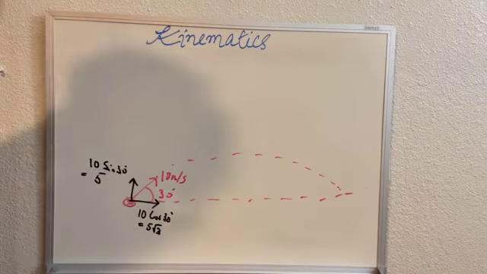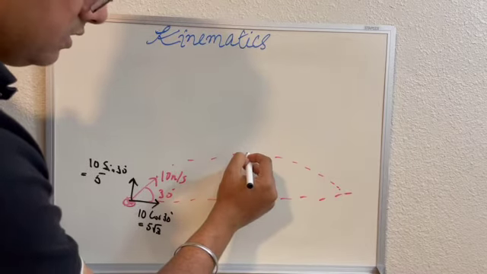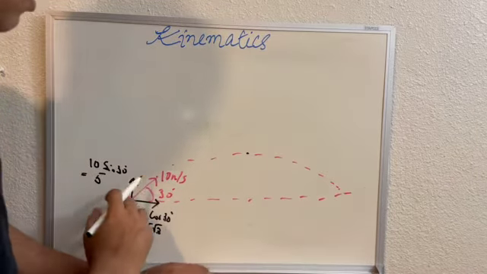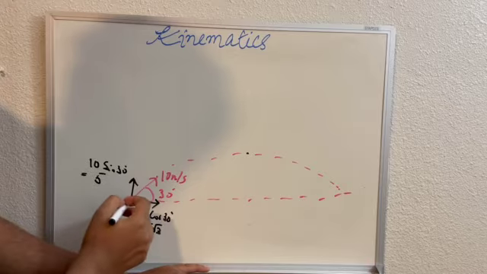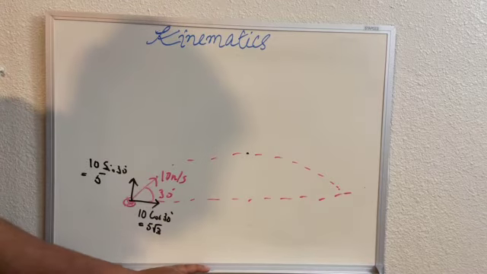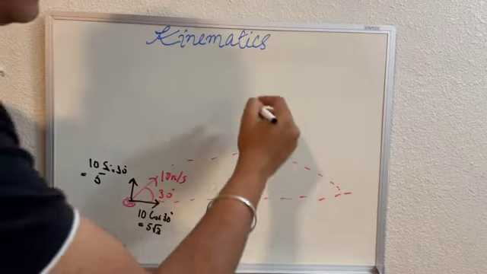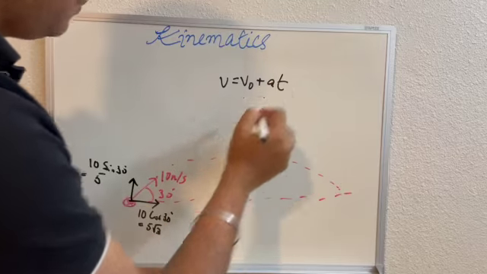We know the vertical velocity at the top is 0. So if we know how long it takes the ball from 5 meters per second to reach the top, we know our answer. In order to do that, let's use the equation v is v naught plus at.